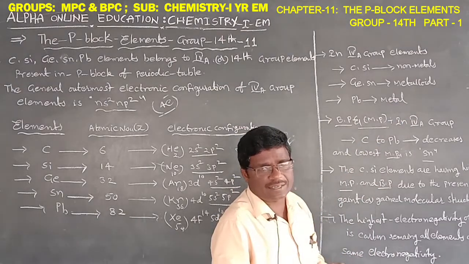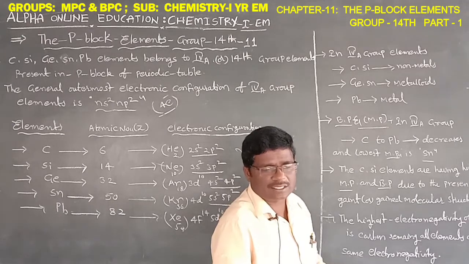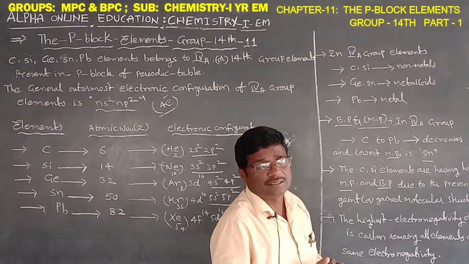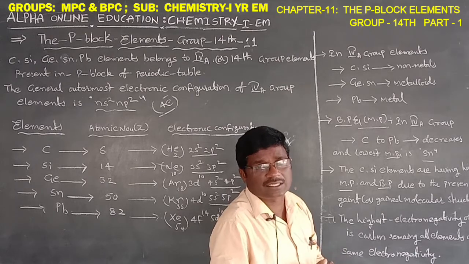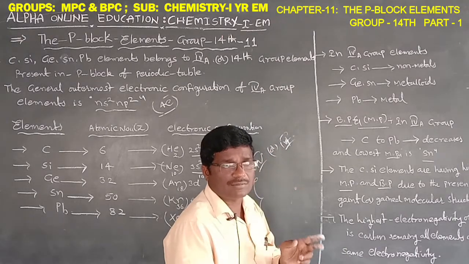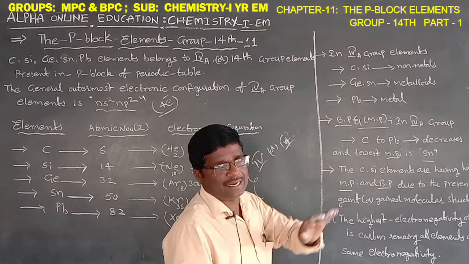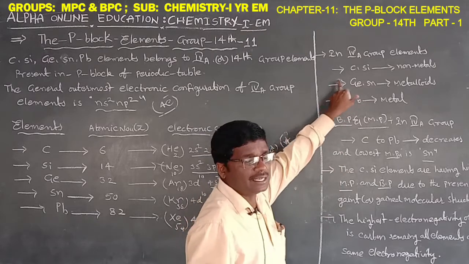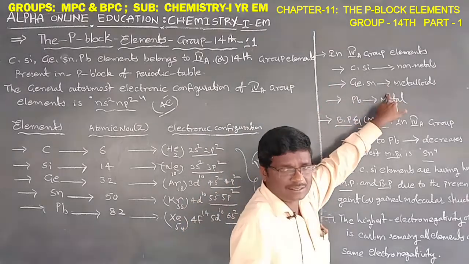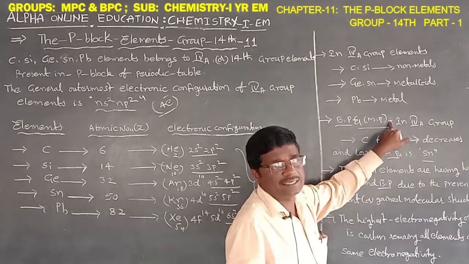The tendency of any atom to gain electrons is called non-metallic. The tendency of any atom to lose electrons is called metallic. Metalloids means both metal nature and non-metal nature. In fourth A group elements, carbon and silicon are non-metals, germanium and tin are metalloids, and lead is a metal.